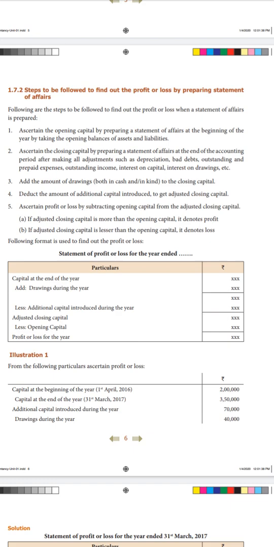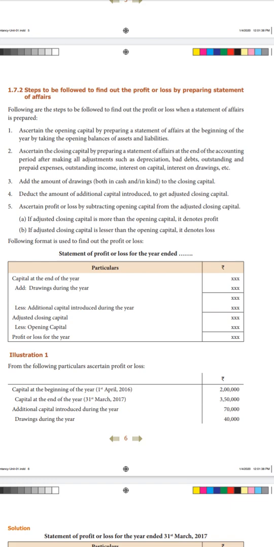Then we add the amount of drawings and deduct the additional capital introduced, and we get the adjusted closing capital. After subtracting the opening capital from the adjusted closing capital, if the adjusted closing capital is more than the opening capital, it denotes profit. If it is lesser than the opening capital, it denotes loss. That is what is given here as five different steps.